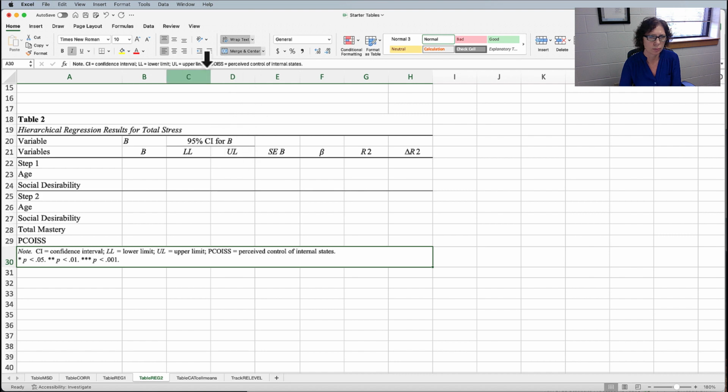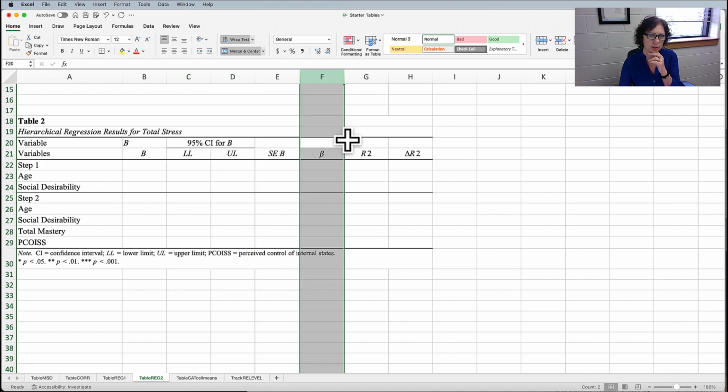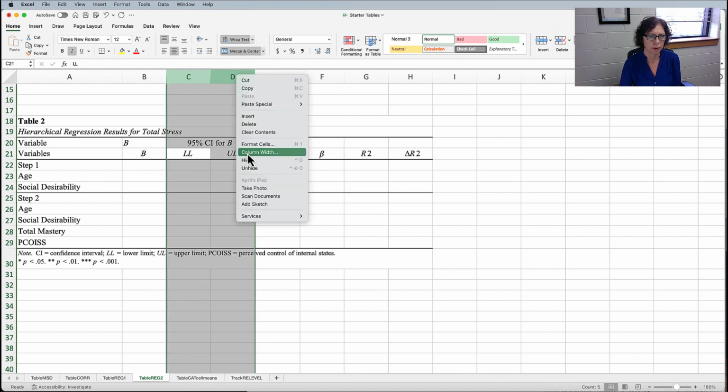And for ours, we didn't ask for confidence interval for the regression coefficient, but you could. You can leave it there and fill those in, or if you just got beta, which that's that one where it's a Greek letter, that's our standardized coefficient. That is what we made sure we had on each of these. So if you want to take out those 2, you can.